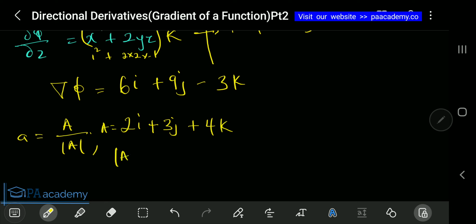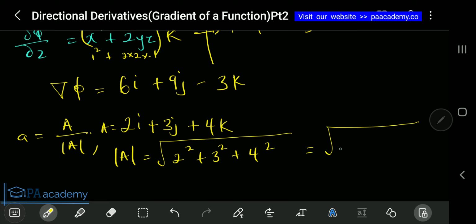So the magnitude of A will be the square root of 2 squared plus 3 squared plus 4 squared. That's 4 plus 9 plus 16, which gives us 29.